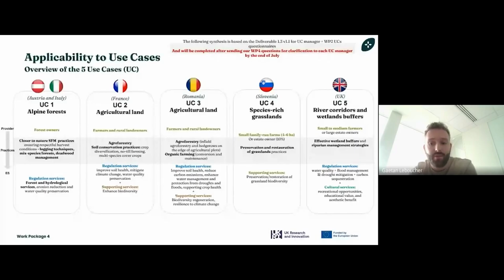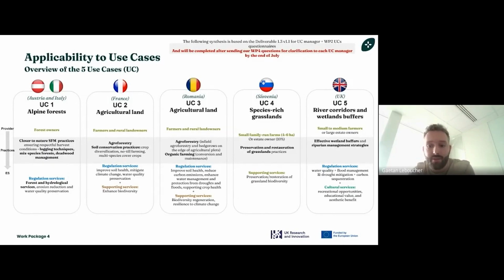Use case number 3 is based on the Romanian context and is also about agricultural lands. It is close to use case number 2, but here we focus on agroforestry practices. Both in-field agroforestry, when we have alignment of trees inside the agricultural plots, and hedgerows, on the edge of the plots.